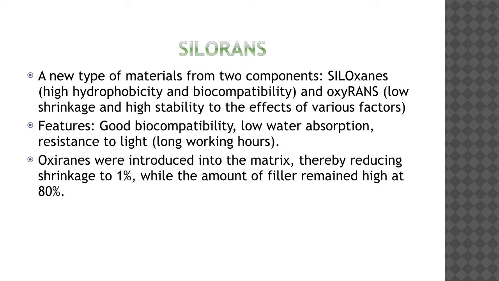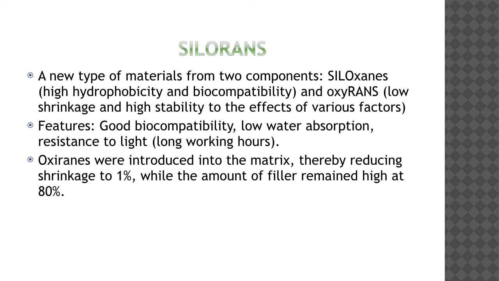Silorans, a new type of material from two components: siloxanes with high hydrophobicity and biocompatibility, and oxiranes with low shrinkage and high stability due to the effects of various factors. Their features are good biocompatibility, low water absorption, and resistance to light, which means they have long working time.